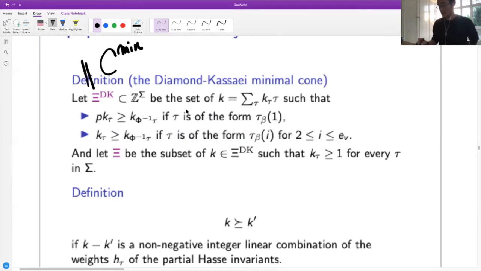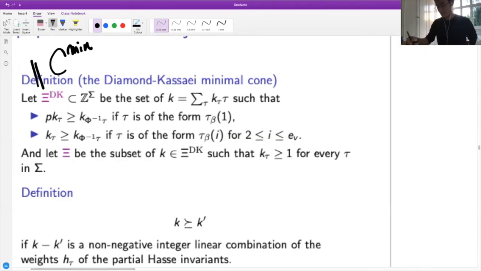This would be the set of tuples K, the weights of this form, where P times K_tau is greater than or equal to this when tau is of the form tau_beta 1 and at other places there. Let me just finish the definition and then I'm going to draw a picture. The C now is going to be the subset of all weights K living in this minimal cone in Payman's sense, such that it's greater than or equal to 1 for every single index.